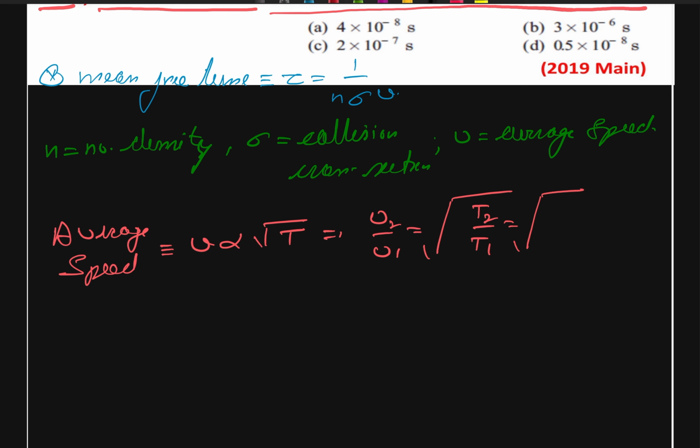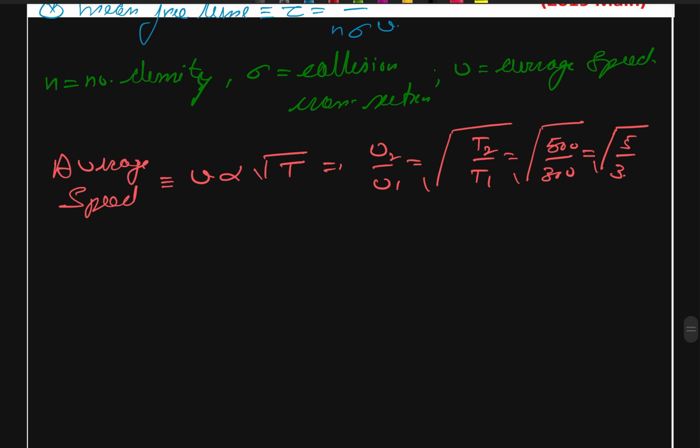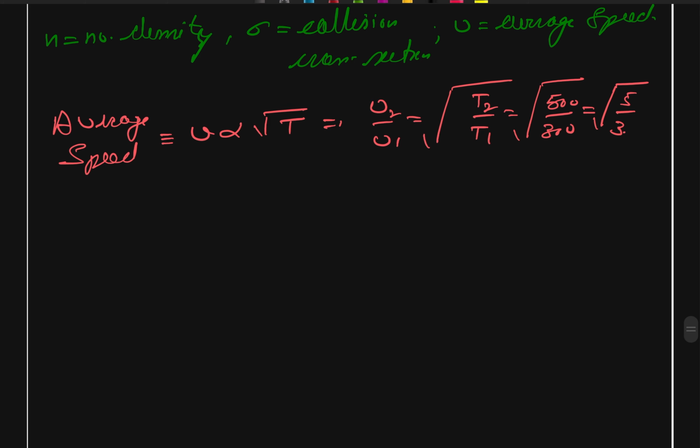Temperature is given to us as 500 upon 300. This comes as square root of 5 upon 3. And our number density N will be equal to P upon kT. So we can say that N is proportional to P upon T.